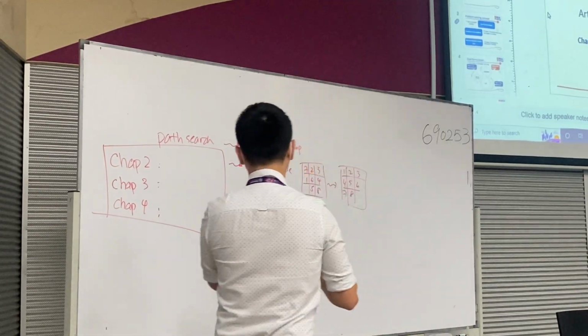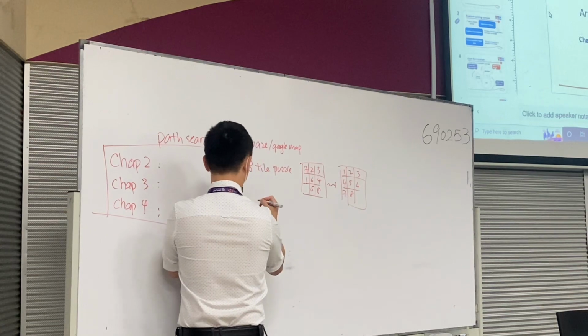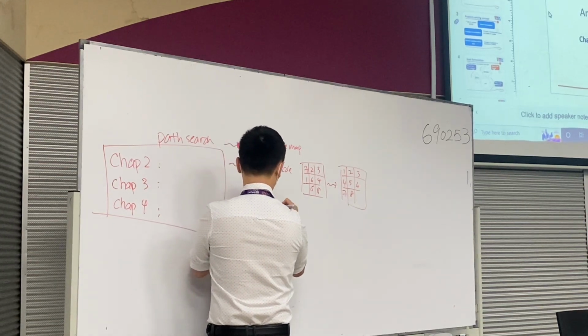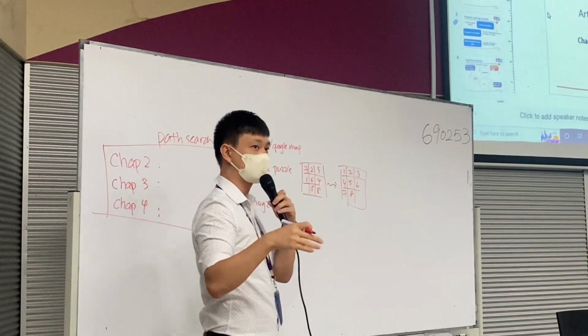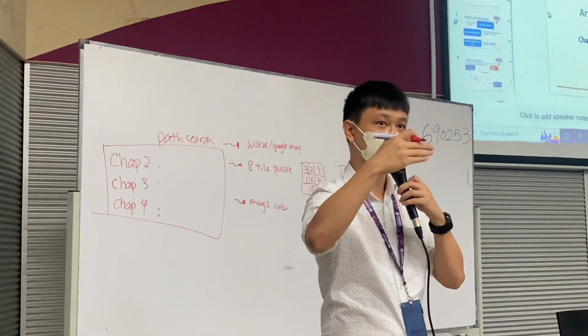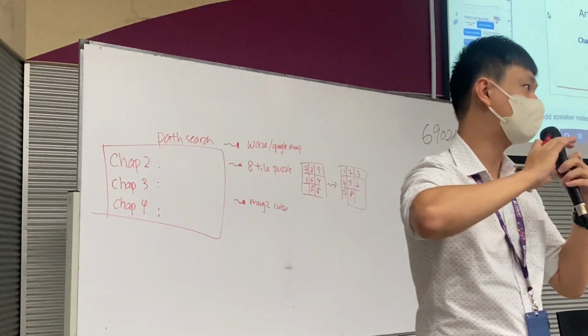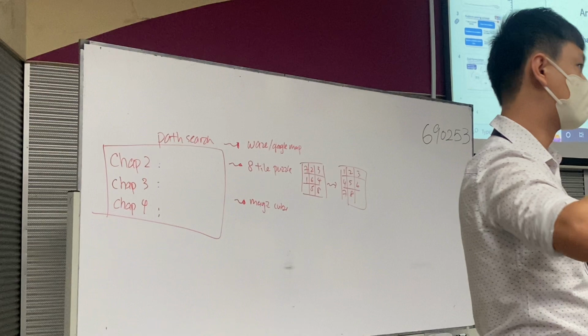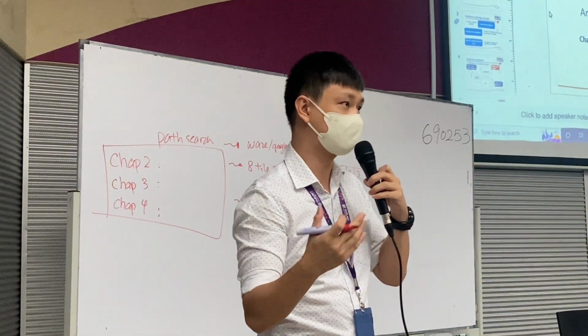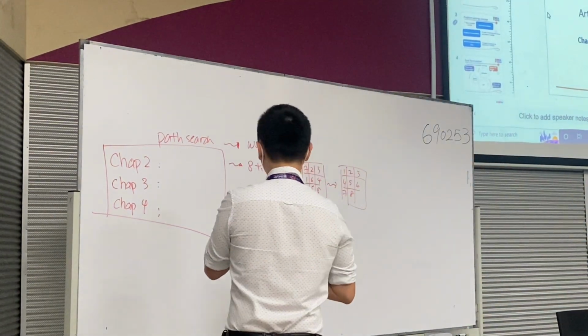Some other examples are the magic cube. You have 6 different colors on each of the surfaces, then you have to rotate and twist to restore it back to the original state. What else?